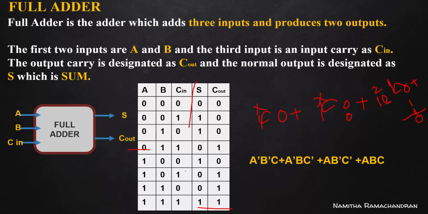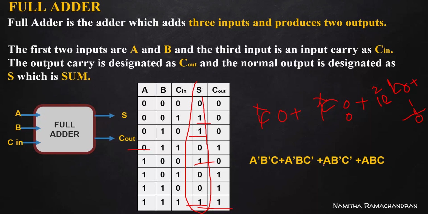Consider the sum column, where it is 1 in four rows. The input combinations for the rows with sum equal to 1 are: A bar B bar C in, A bar B C in bar, A B bar C bar, and A B C. The C in is written here as C.